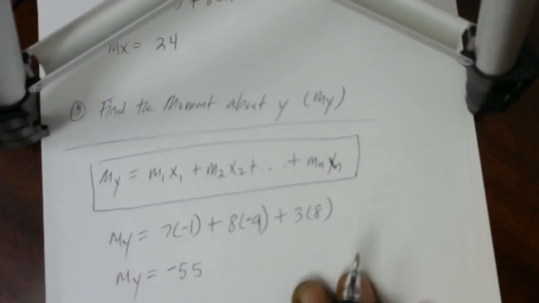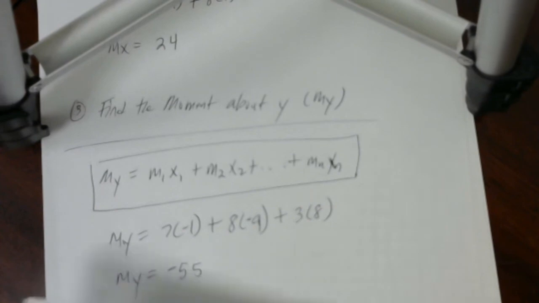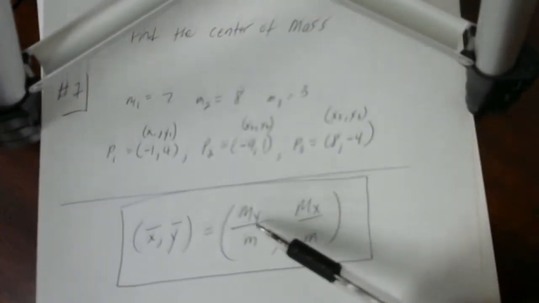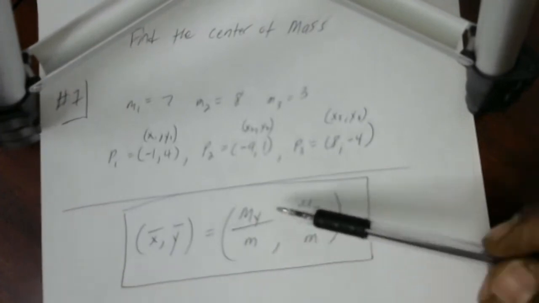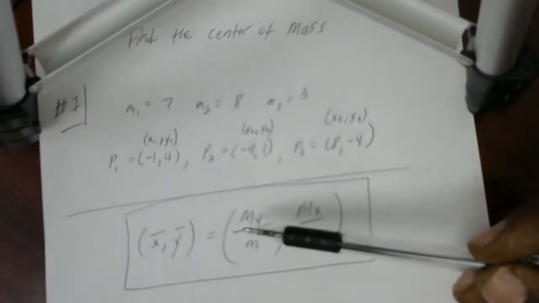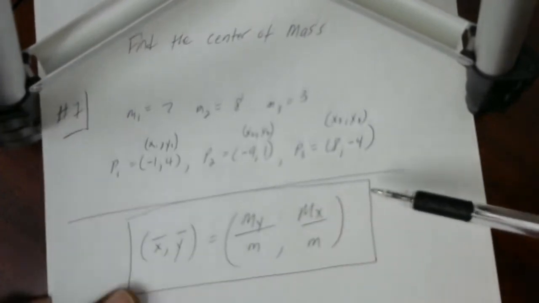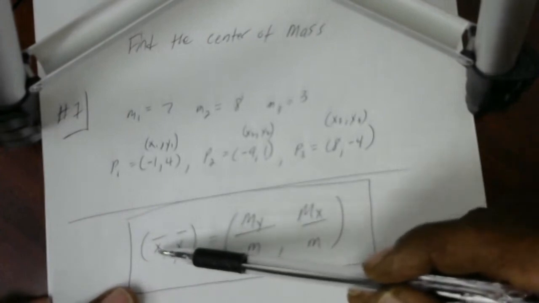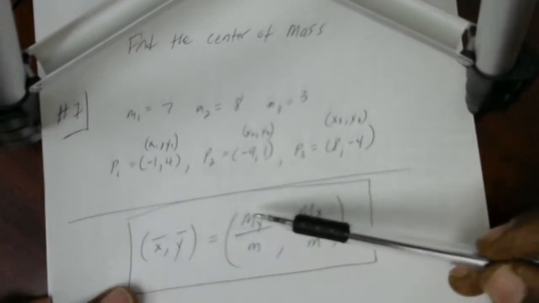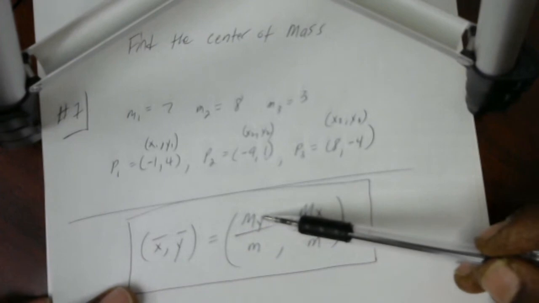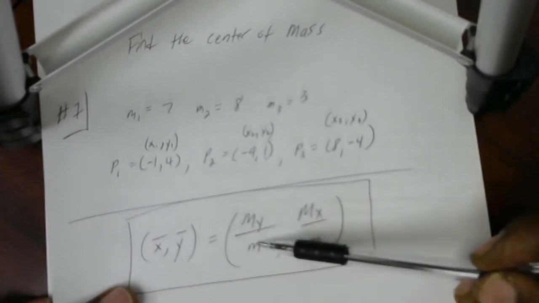All right, so we know the values for m. We know the values for the moment about y and the moment about x. Okay, so now here's where you have to be careful. Once again, notice in order to find the x coordinate, it's the moment about y divided by m.